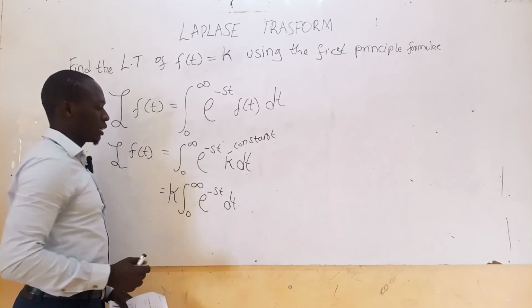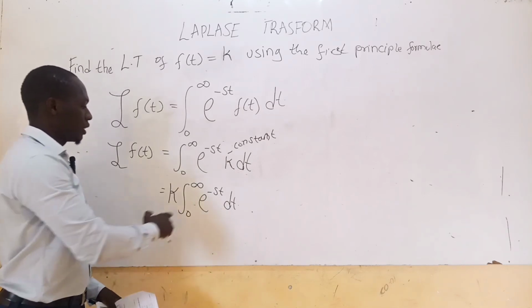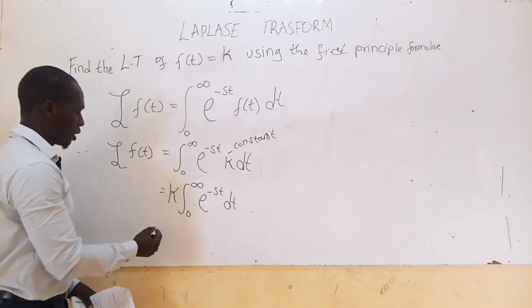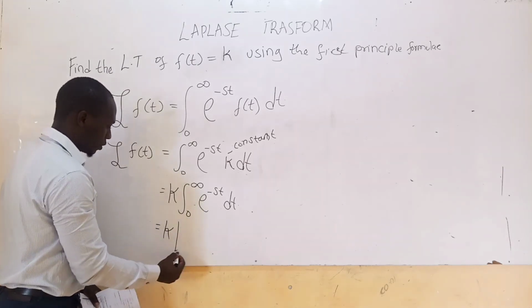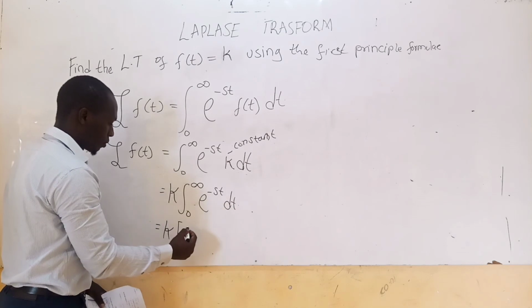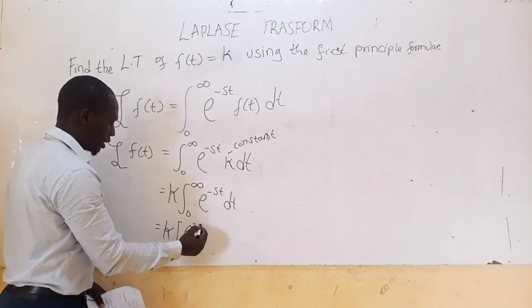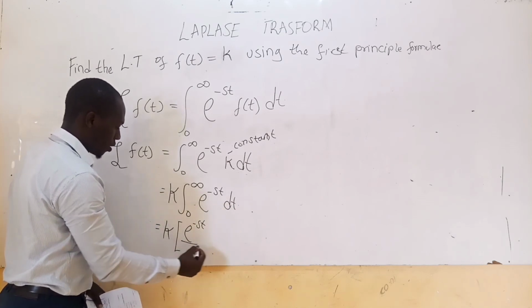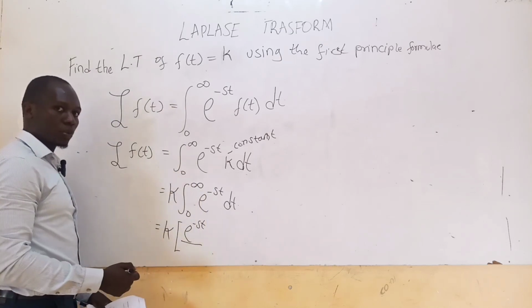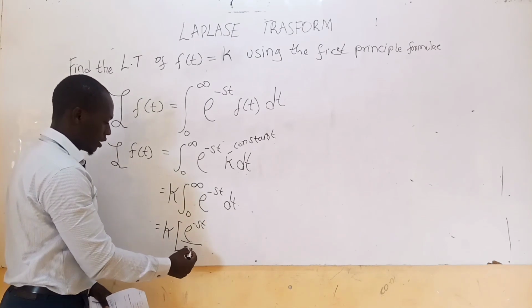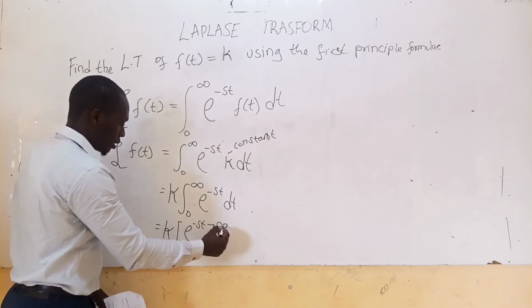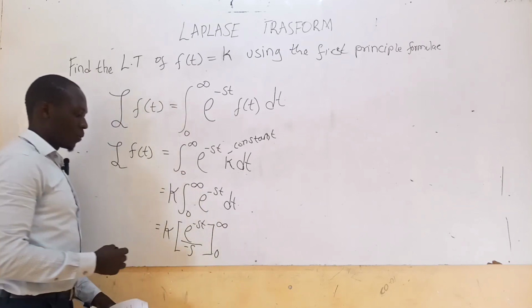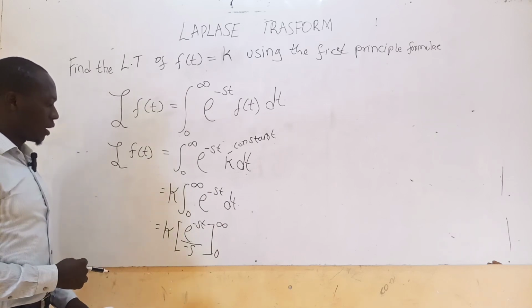Now from here, we can integrate our exponential. By integration of our exponential, we are going to have k times exponential negative st all over negative s, because when we integrate an exponential we get negative s in the denominator, with respect to our limits.